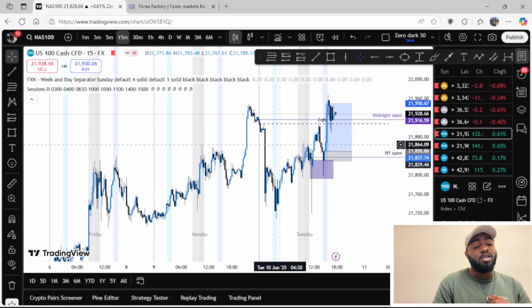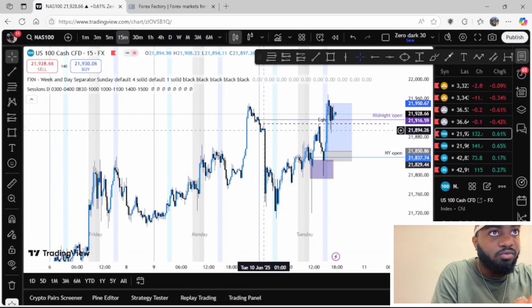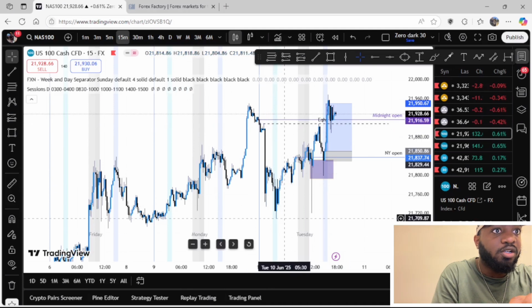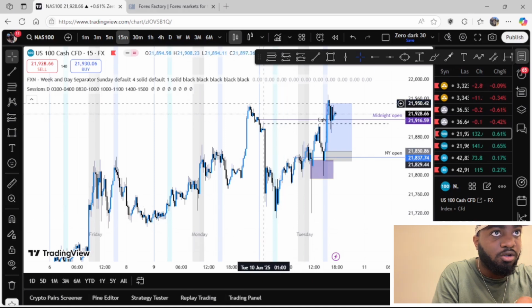Liquidity rests above every high and below every low, above relative equal highs, below relative equal lows, all of those things. So these are relative equal highs here. So this is a good example. Relative equal highs. And this is interior range liquidity because it's within this range, the external here and external here. So this is all interior liquidity.